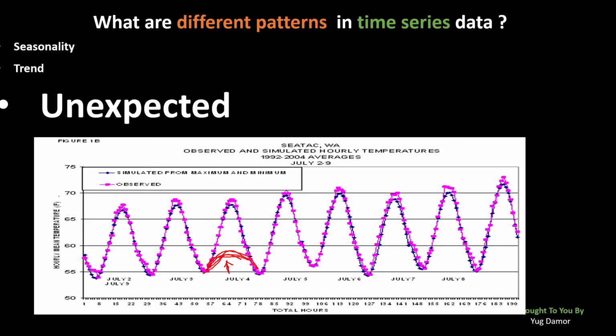You can take the example of the current pandemic. Due to this pandemic the stock prices are very low, which is unexpected. Normally there is some trend, some pattern in stock prices, but due to the pandemic the stock prices right now are very low, so this is known as unexpected.